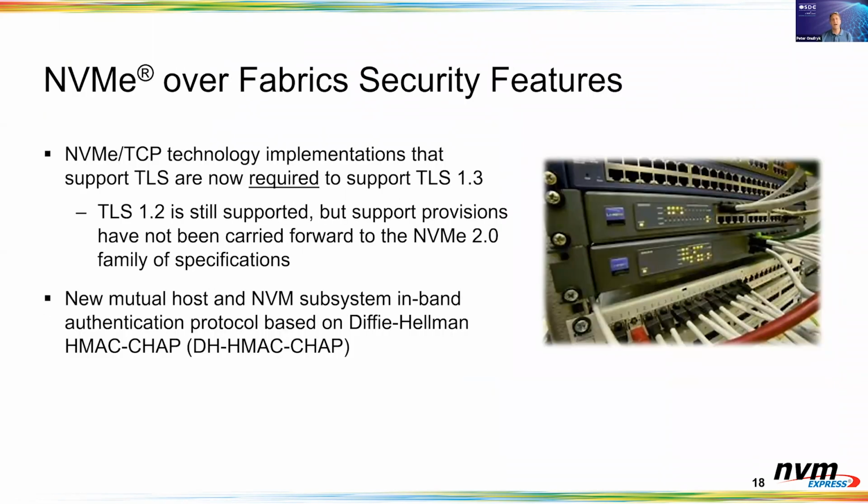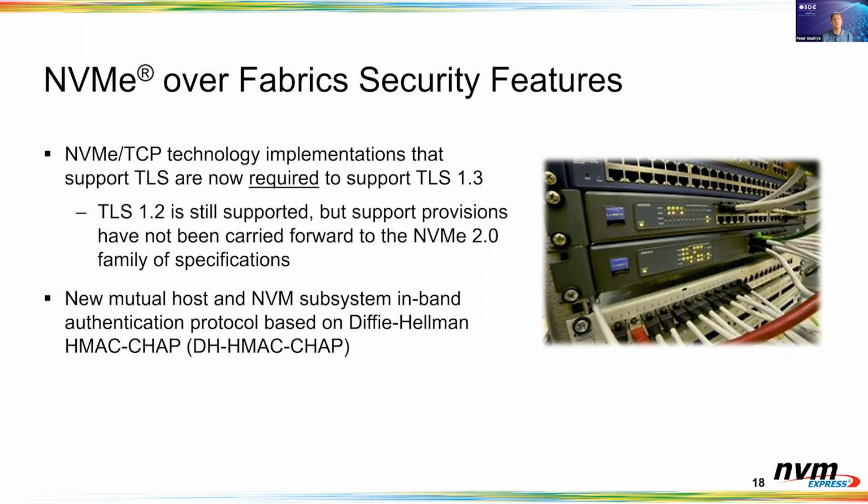Turning our attention to Fabrics, NVMe 2.0 adds new NVMe over Fabrics security features. NVMe over TCP previously supported Transport Layer Security, or TLS, version 1.2. TLS 1.2 was released in 2008 and was considered fairly secure, but vulnerabilities have been discovered that call the security of TLS 1.2 into question.